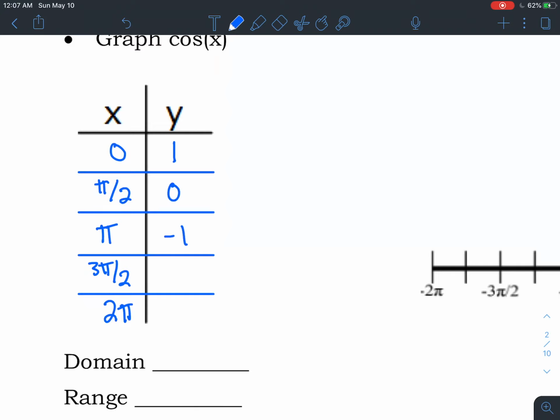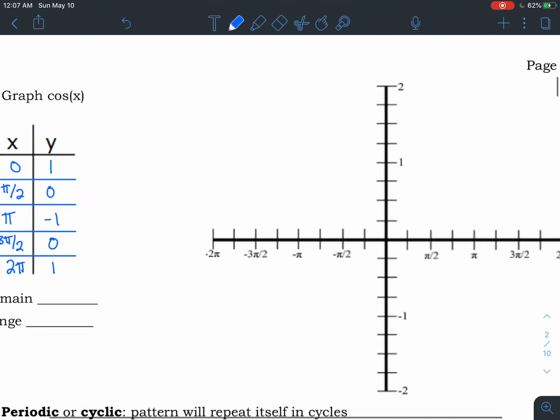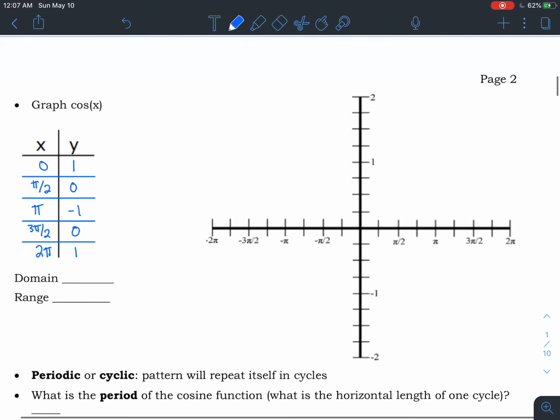Pi goes to the left 1, 3 pi over 2 is back in the middle, and then 2 pi is to the right 1. So now if I look at the graph of that function, I'm starting here at 1, going down to 0 at pi over 2, pi is down at -1, 3 pi over 2 is up to 0 again, and then 2 pi is right over here at +1.